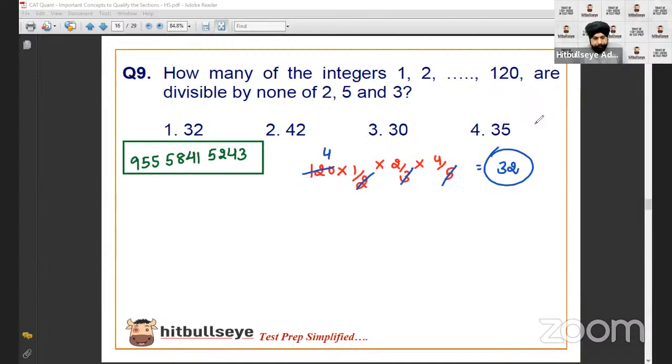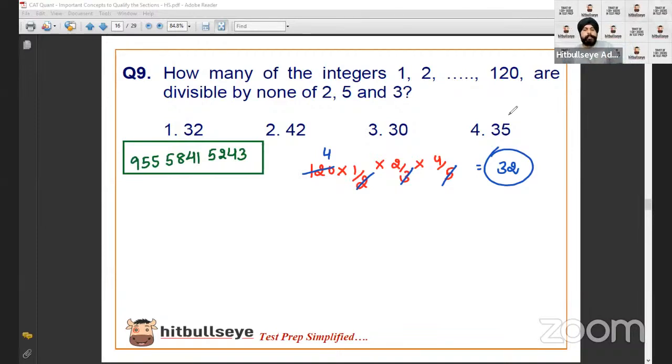Some of you might be thinking that you need to take the prime numbers and all. People, there is nothing like a prime number concept here. You basically want the numbers which are neither divisible by 2 nor by 3 nor by 5. So I applied a very simple logic that every second number is divisible by 2, half of the numbers are divisible by 2, and the other half are not divisible by 2, and we are only interested in those numbers which are not divisible by 2.